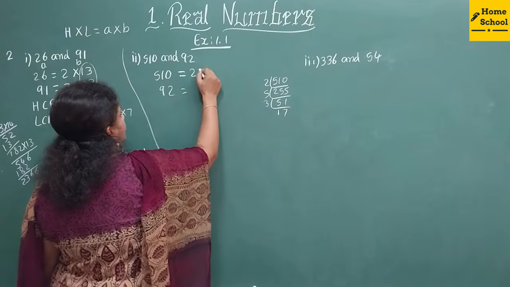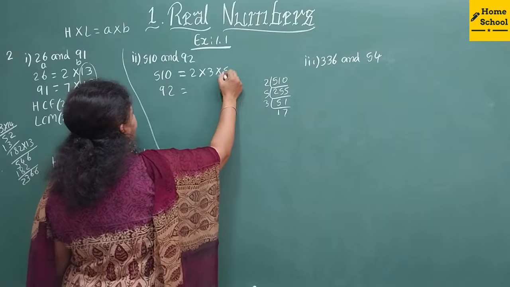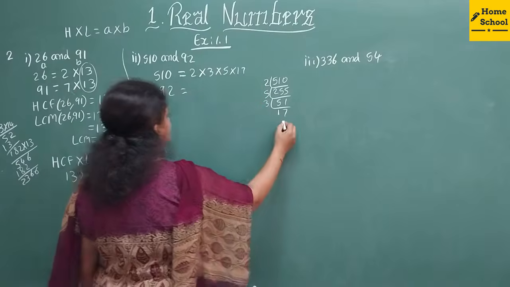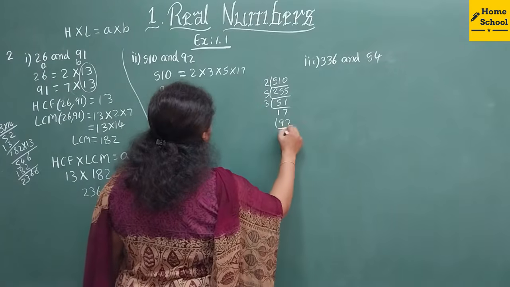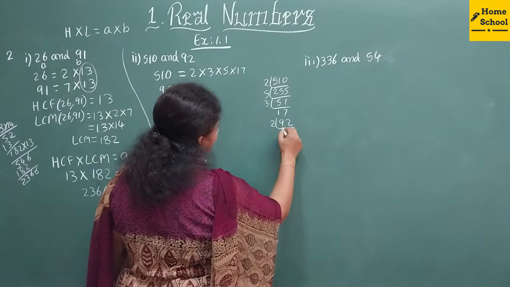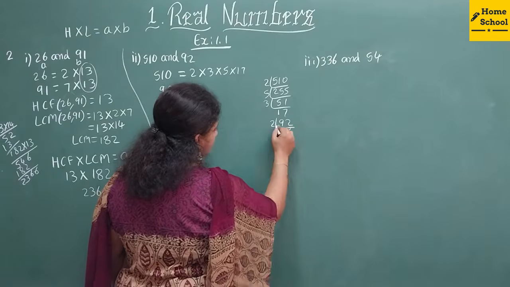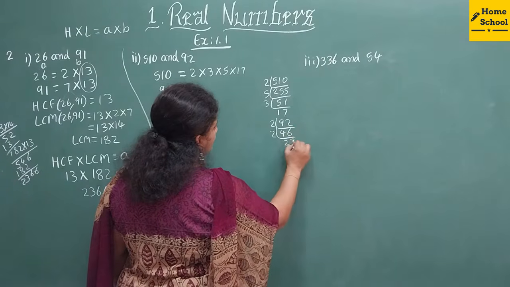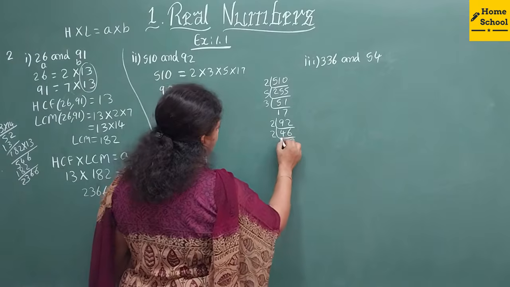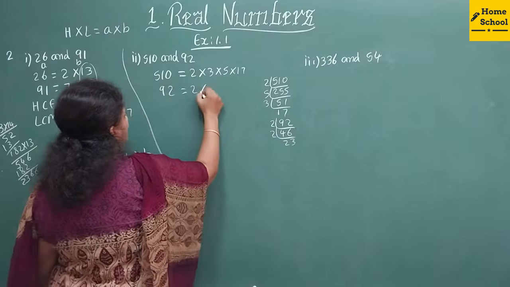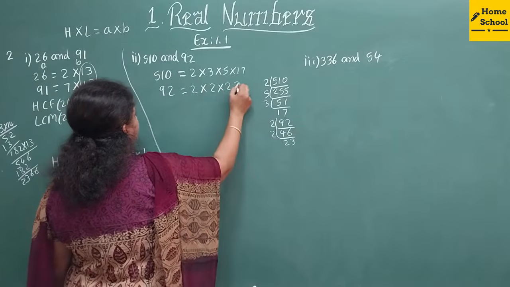That is 2 into 3 into 5 into 17. Similarly, take 92. 2 4s are 8, and here 12 left, 2 6s are 12, 2 2s are 2, 3s are, then that's it. So 2 into 2 into 23.